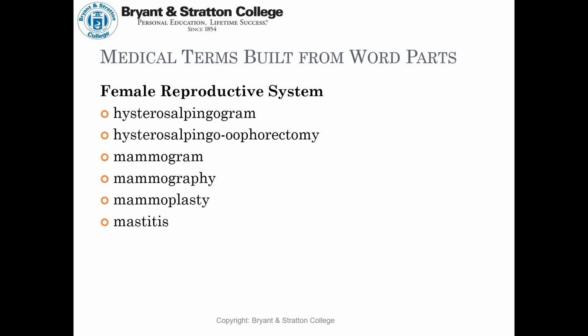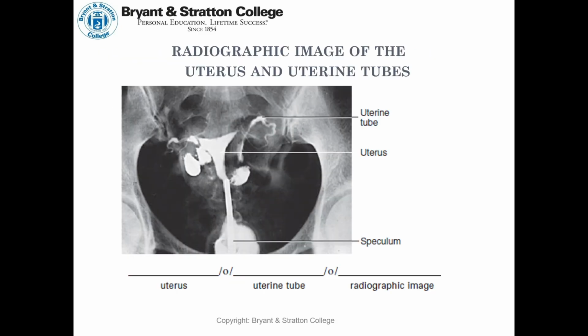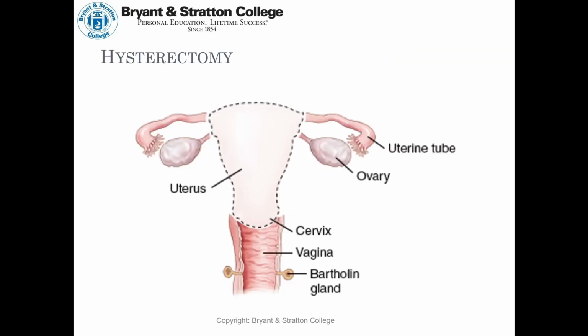So what we have here is essentially more procedures being done. A radiographic image of the uterus and uterine tubes. Radiographic images are grams. The uterus is hystero and the uterine tube is salpingo, so we have a hysterosalpingogram.